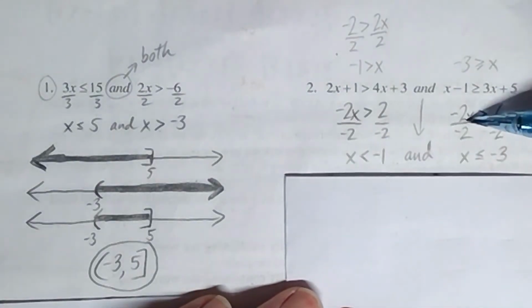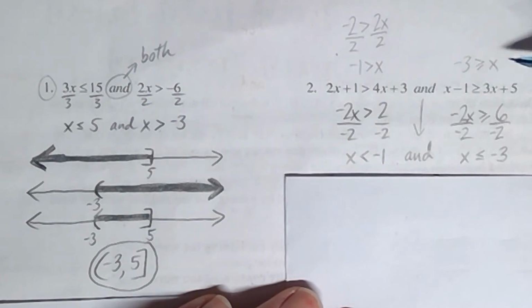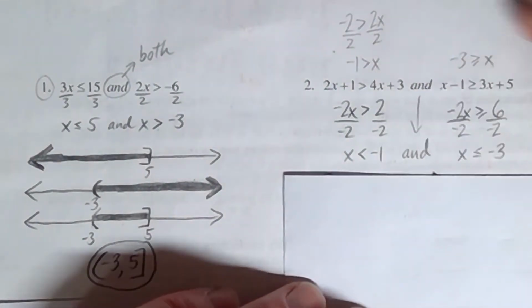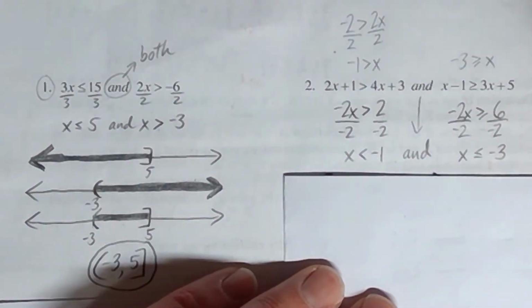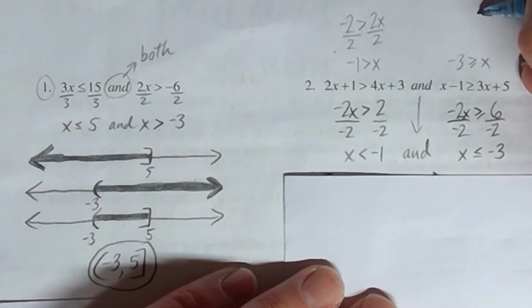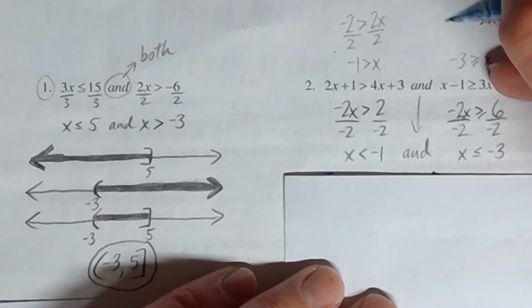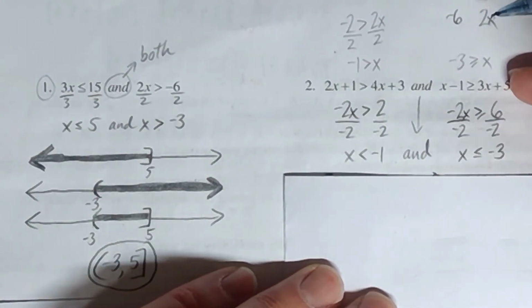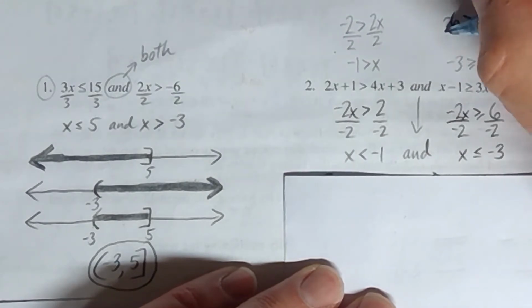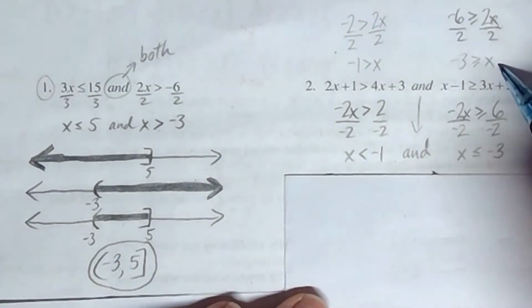Same thing over here. I decided to move my x to the left. If you had decided to move them to the right, I didn't write the whole thing out. Let me go ahead and do that. If you had decided to move the x's over to the right, it would look like this right here. 2x on the right, and it would look like negative 6 over here on the left. And then if you divide out the 2 here, you get this answer right here.